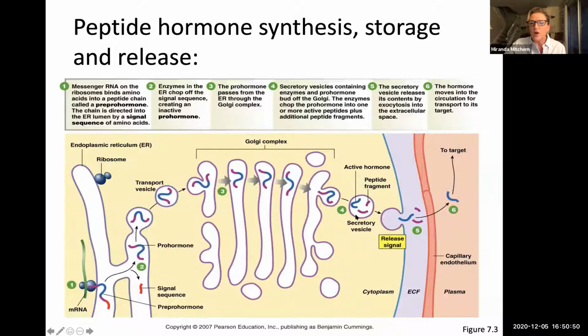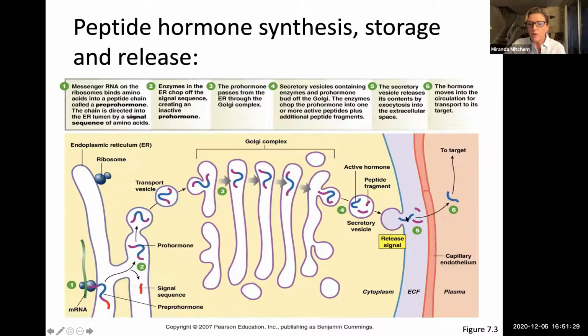It isn't until we're in the secretory vesicle that we get these peptide fragments cleaved off, and now it's an active hormone. So it begins as a pre-pro hormone, loses the signal sequence, becomes a prohormone, which goes through the Golgi apparatus. It buds off into the secretory vesicle where the peptide pieces are cut off. And now we have our active hormone that is released from the cell by exocytosis.